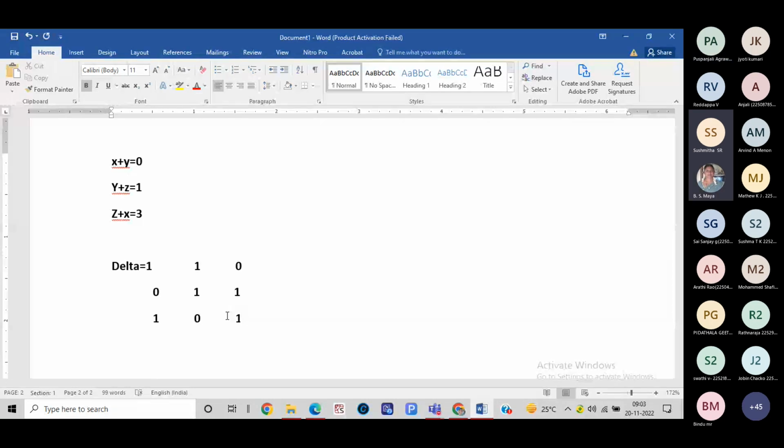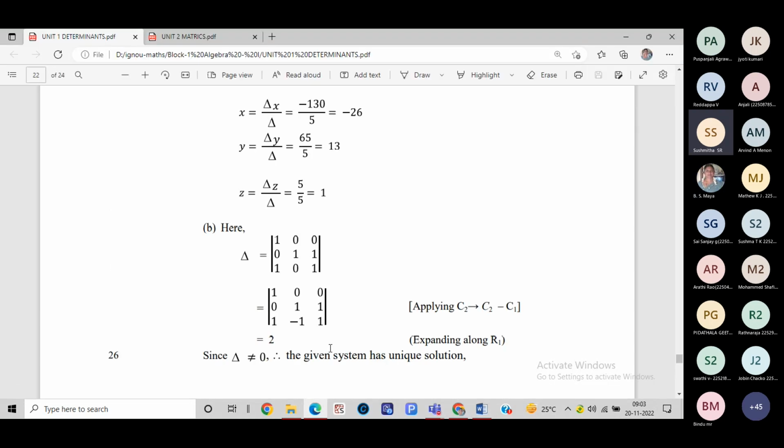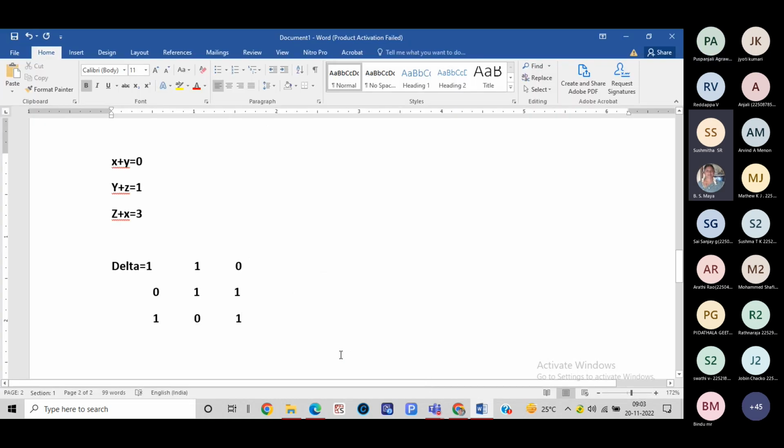Next one. What is the delta value? If you get 2, any doubt in that? 1 into 1, 1, 1 minus 0, you get 1.